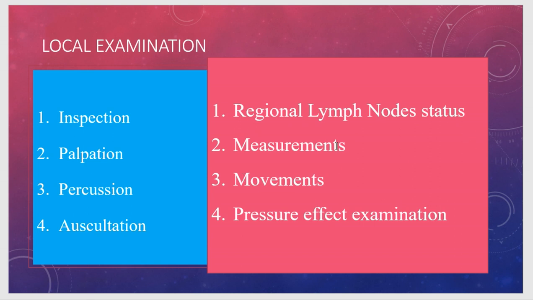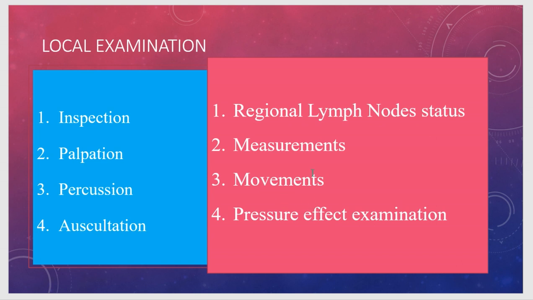Now measurements are required. Along with that, if any swelling is presenting, let's say near any joint, knee joint, for example, the distal movements should be checked. So movements of various joints nearby the swelling is also required to be examined, right?